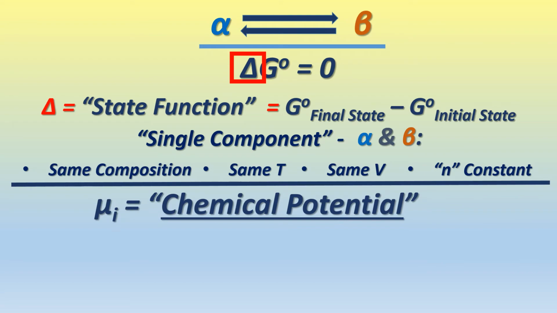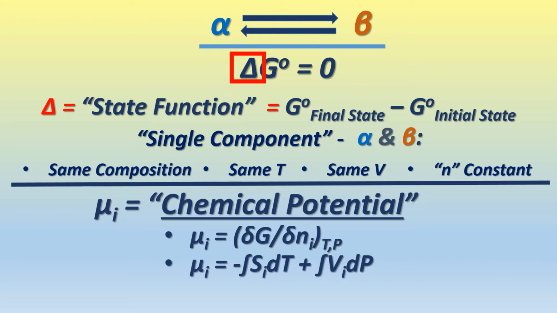This requires the introduction of another variable: the Greek letter mu, where mu sub i is something called the chemical potential. The chemical potential is defined as how the Gibbs free energy changes as I change the number of moles of component i at a constant temperature and pressure.